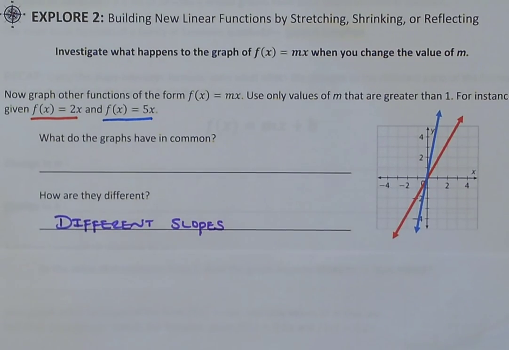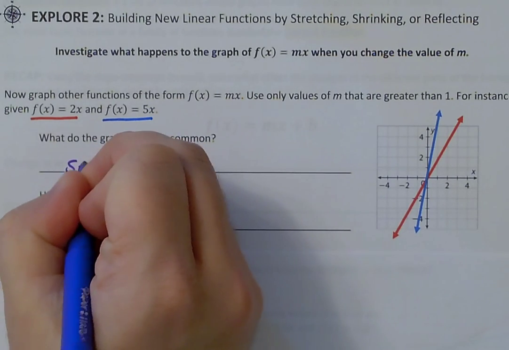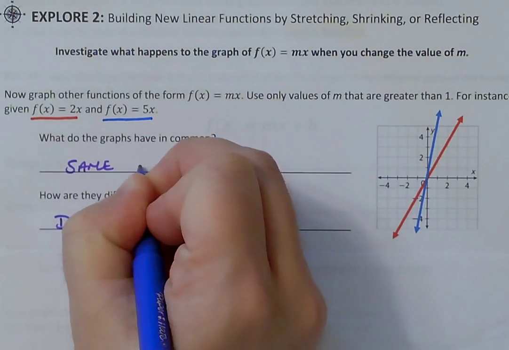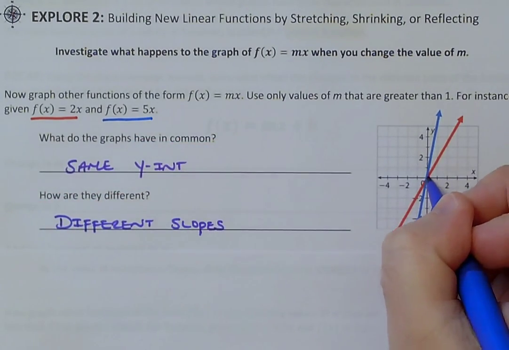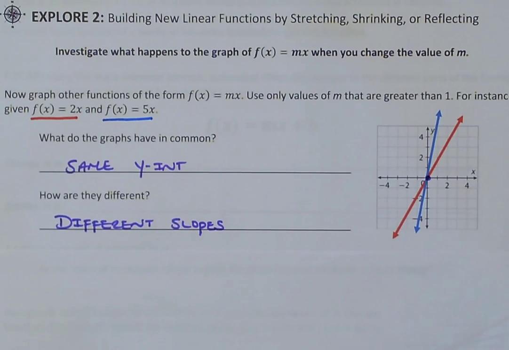So the question is, how are they the same? Well, they both cross the y-axis at 0, so that means these two lines have the same y-intercept, meaning they cross the y-axis at the same point, which in this case is 0.